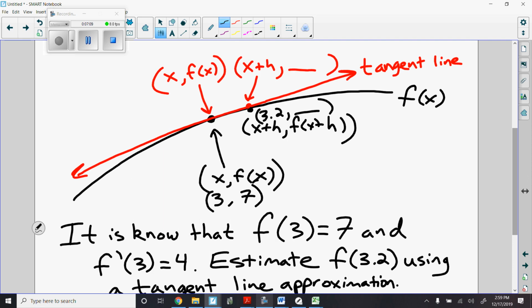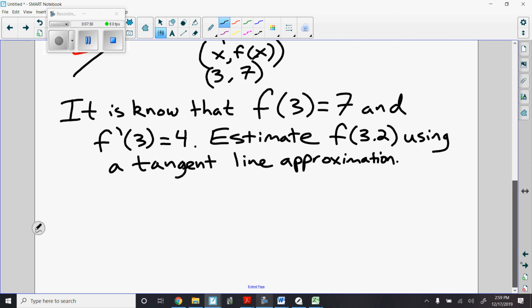Since I know the slope of this tangent line, I can write an equation for it, and I can plug 3.2 into my tangent line, and that will give me a y value, which will be my best guess of the y value here. Okay, that's what we're doing, and doing this is very simple.